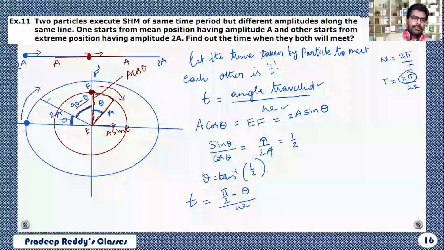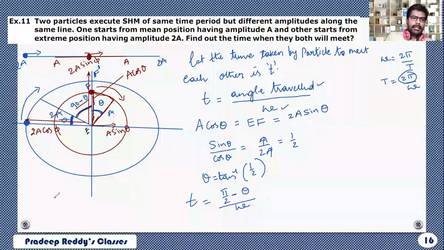And what about this total length? Its total length is 2a. This 2a can be resolved into components, one along this and the other along this. This is 2a cos pi and this is 2a sin pi. But what is sin pi?